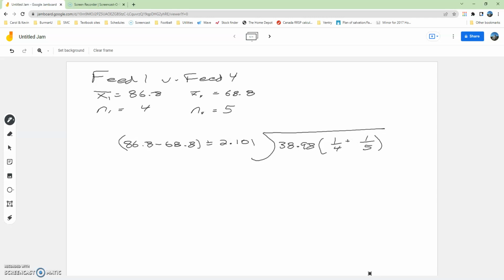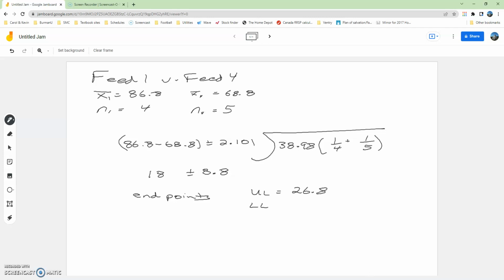If we do this math, we get a difference of 18 plus or minus, carrying out this whole calculation, approximately 8.8. At this point, what we want to do is find the endpoints for the confidence interval. The upper limit is where we add these two values, so 18 plus 8.8 gives us 26.8.